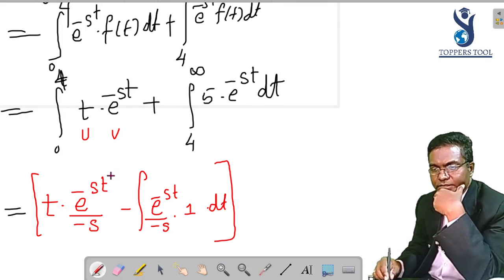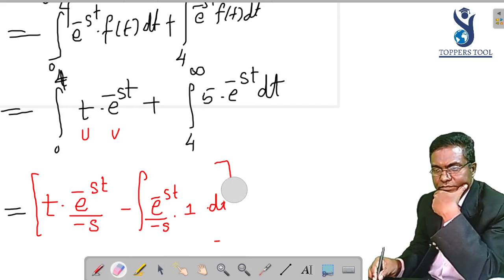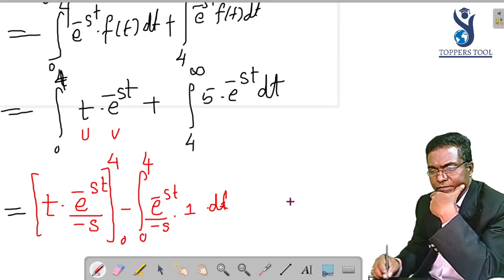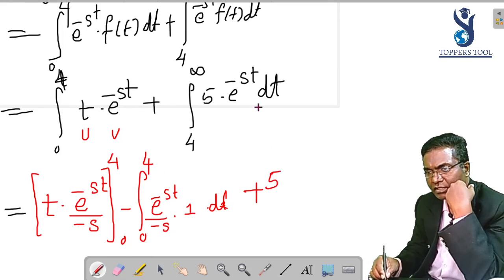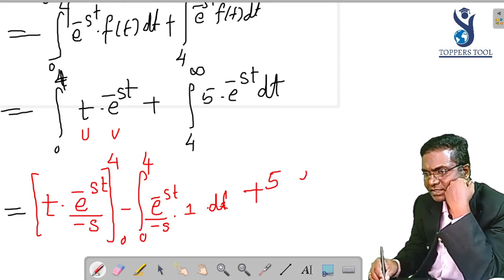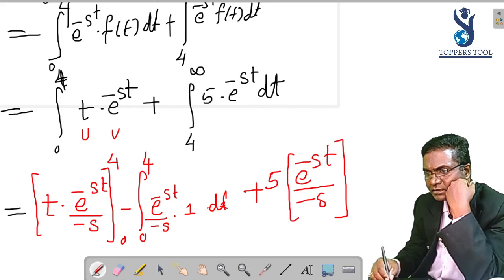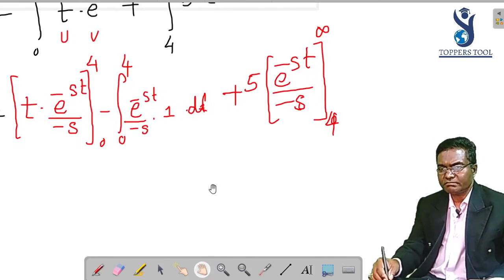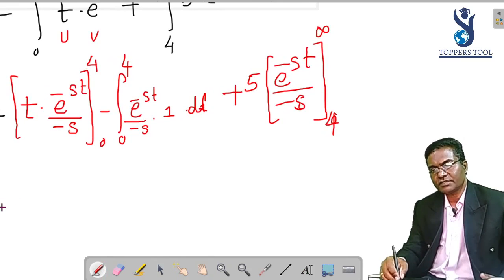And the limits here, 0 to 4, and 0 to 4 plus the constant as it is, and integration of e power minus st is e power minus st by minus s, and the limits 4 to infinity. Remember this. You must be good at integration, otherwise useless.